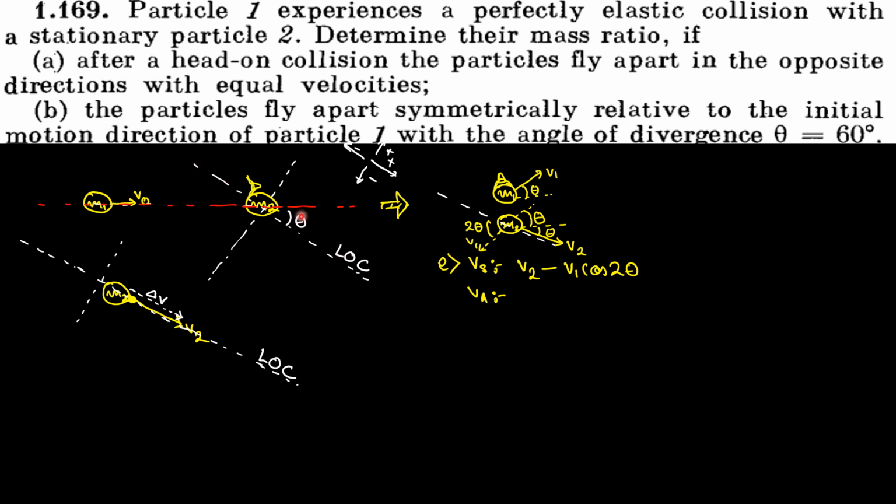See, if this angle is theta, this angle would also be theta. And the velocity of approach along the line of collision is nothing but v0 cos theta.